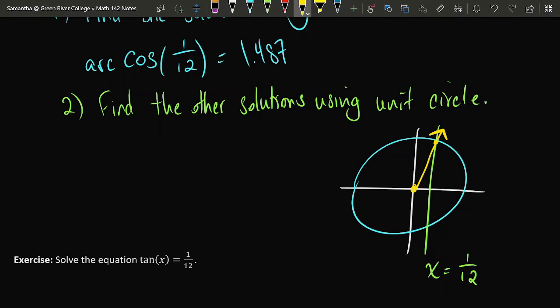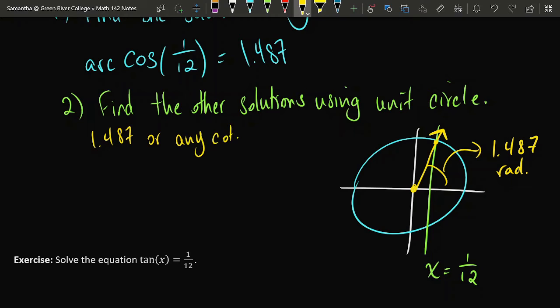But what the calculator just told me was that if I plug in the angle 1.487 radians, that's one way to reach this location in quadrant number 1 where the cosine outputs 1/12. So 1.487, or any coterminal angle, these are half the solutions to the given equation.